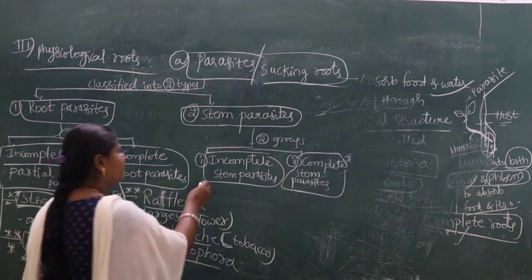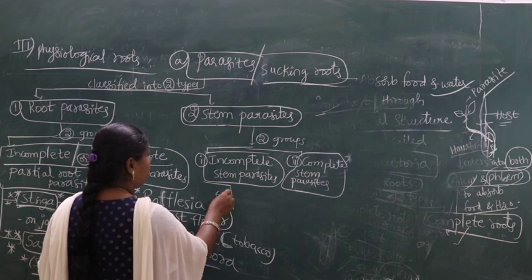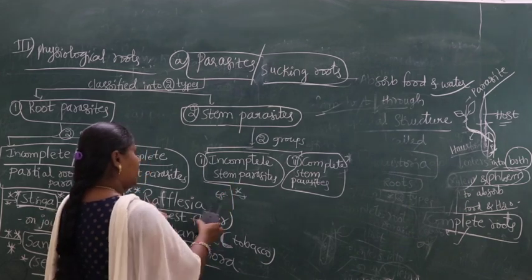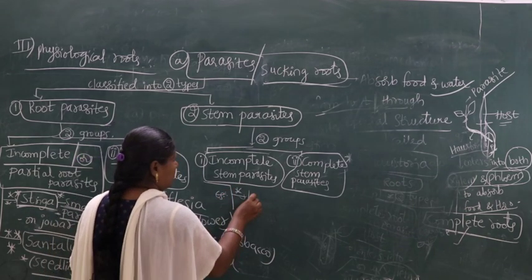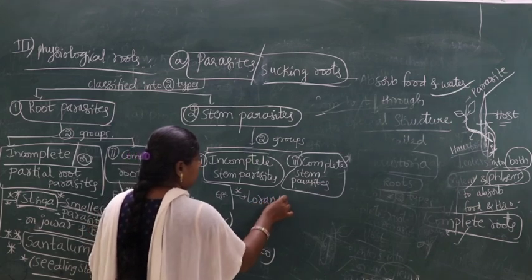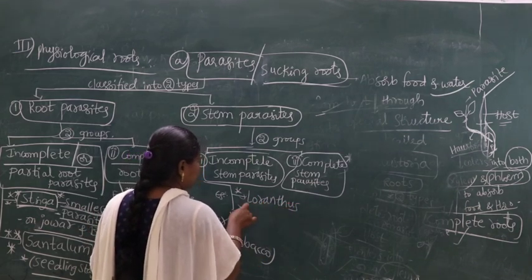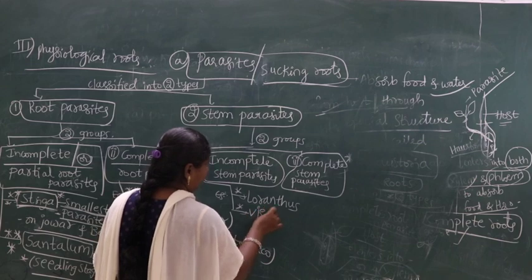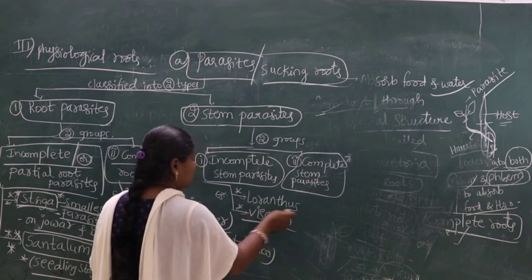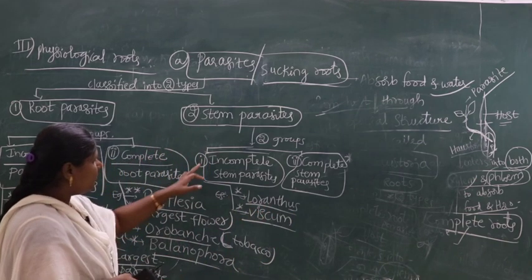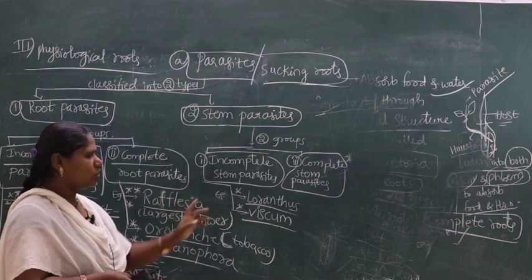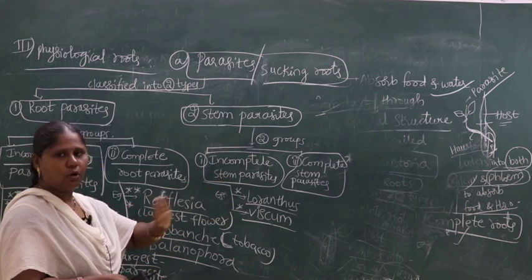Then coming to incomplete stem parasites, you can take the examples Loranthus and Viscum. Loranthus and Viscum. For incomplete stem parasite, the examples are two. They depend on the stem, not on the root.